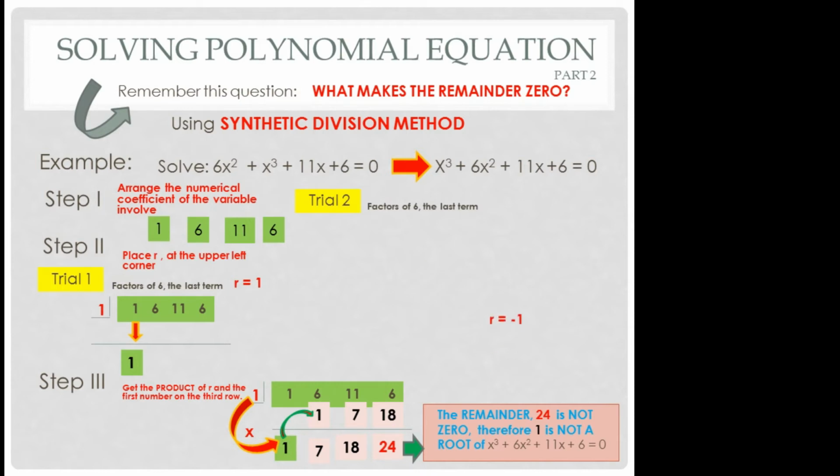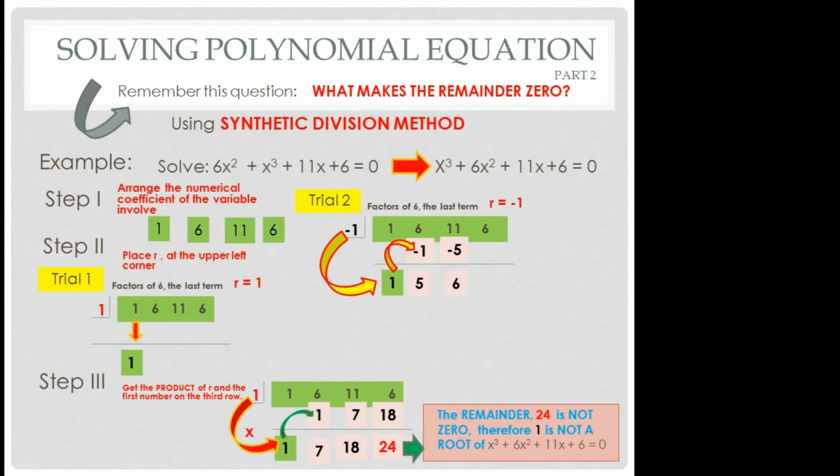We need the factors of 6, the last term, to be our r. This time we will use r equals negative 1. Negative 1 is a factor of 6 because negative 1 times negative 6 will give us positive 6. r times 1 is negative 1. If we combine 6 and negative 1, that is 5. 5 times r, which is negative 1, will give us negative 5.